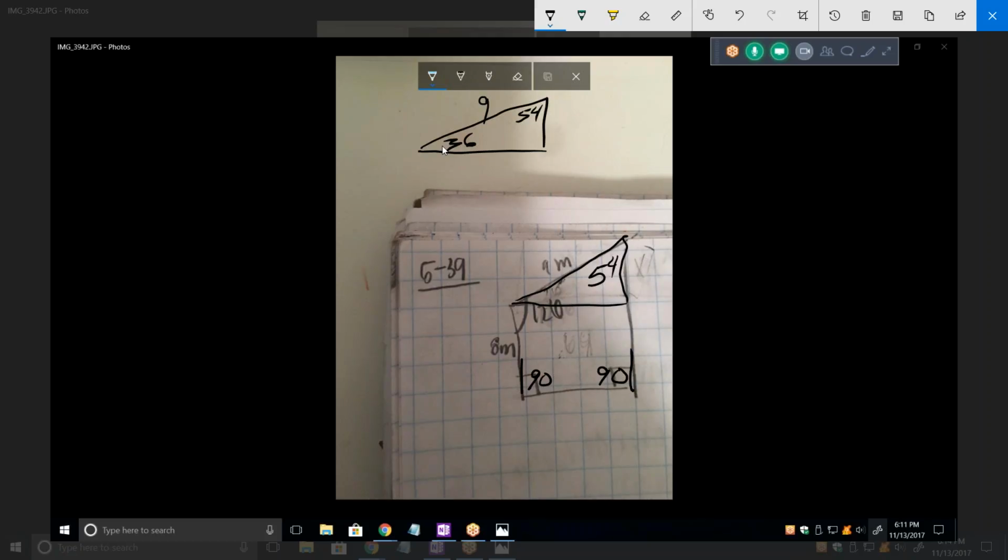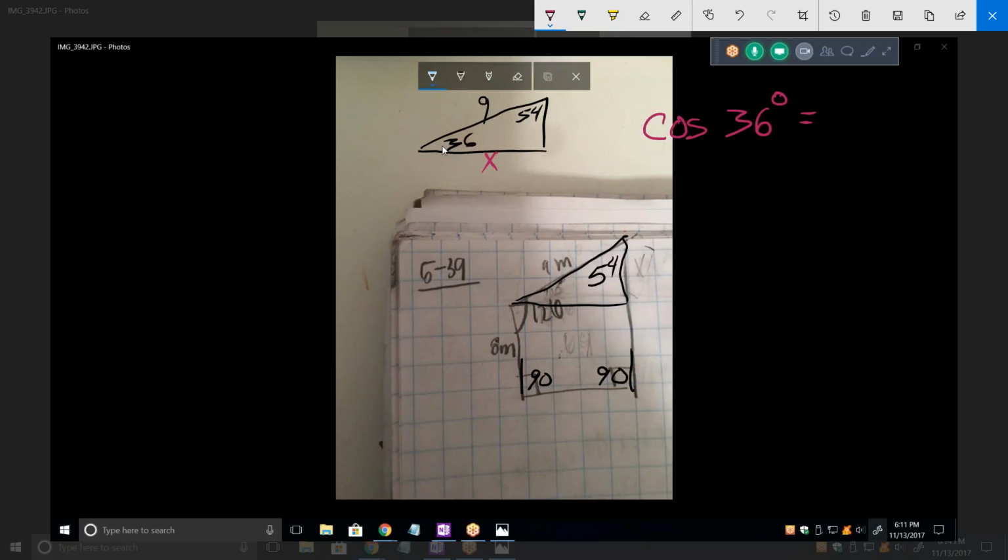And we know that's 9. So if I wanted to write an equation using trig, I could say the cosine of 36 degrees equals what? I'm going to call this side x because I don't know what it is. But that's what I'd like to solve for, because if I can solve for it, solving for the area of this object is going to be a piece of cake.